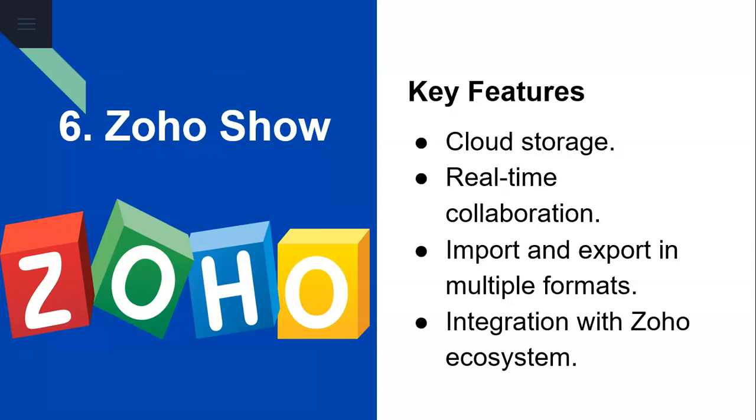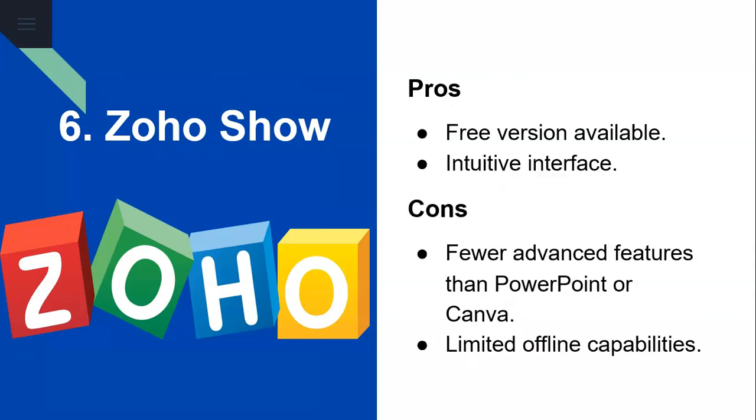You can import and export in multiple formats like Google Slides. It has integration with the Zoho ecosystem. They are trying to build an ecosystem, just like you have the Google ecosystem, the Microsoft ecosystem. Zoho Show also has its own community of users, its own population of users.